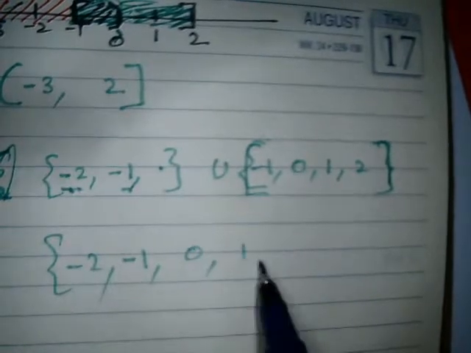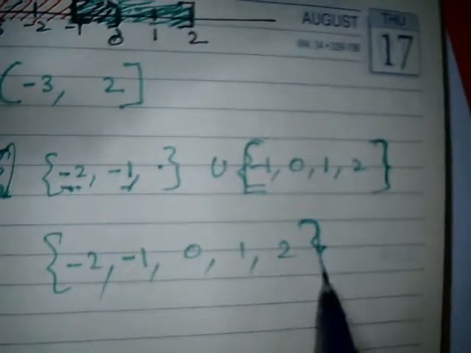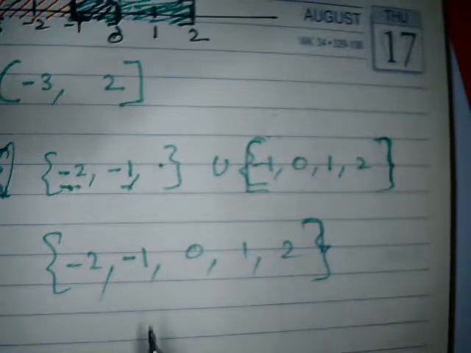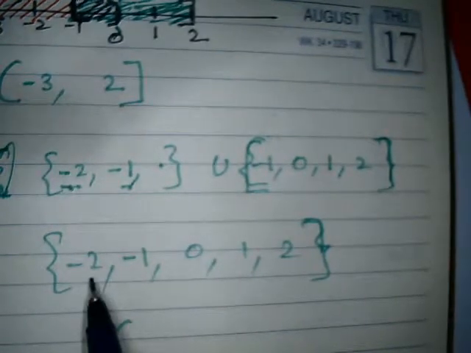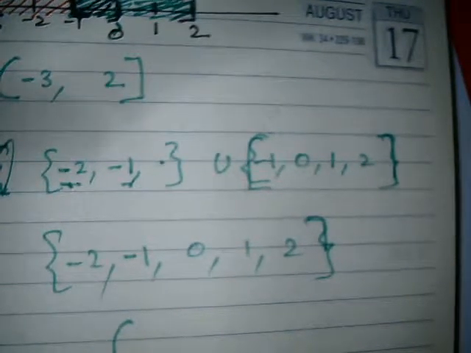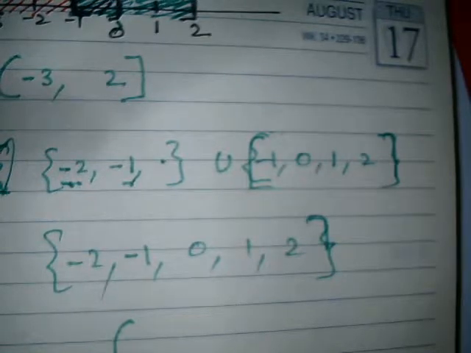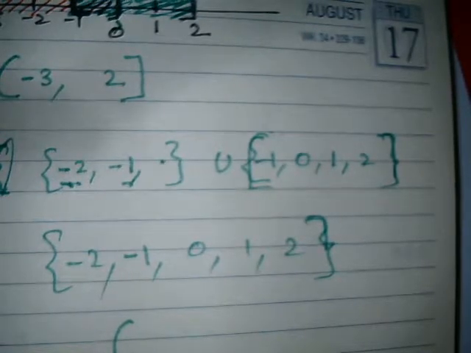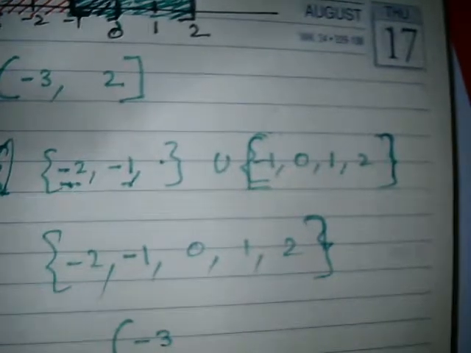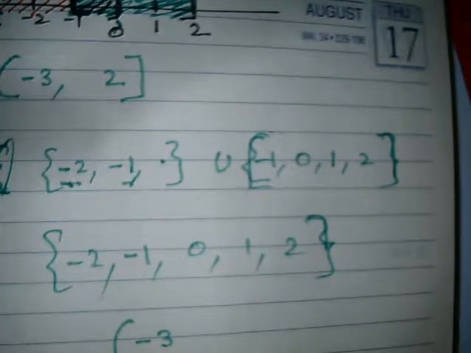So how will I write it? Because 2 is included over here, -2, and I am saying it is a natural set. So before the natural set, what number do I need to take? If I am taking -3, then the next natural number, when you open the bracket, is going to start with -2, correct.